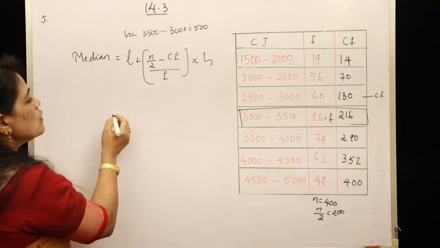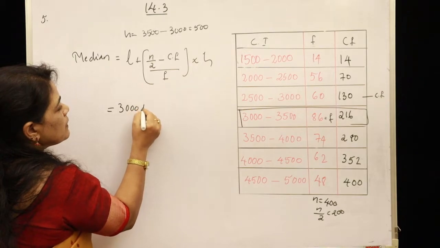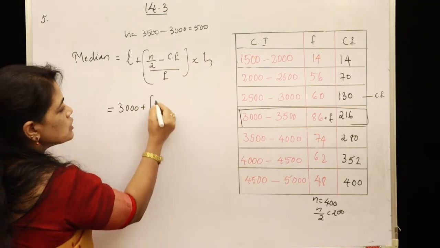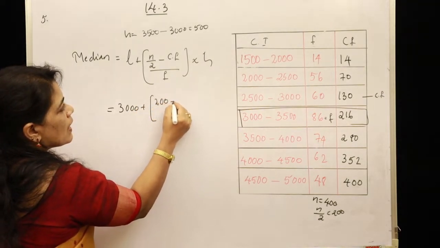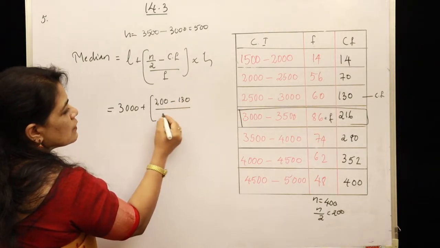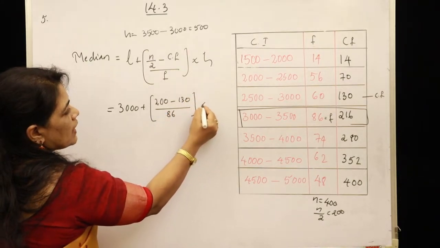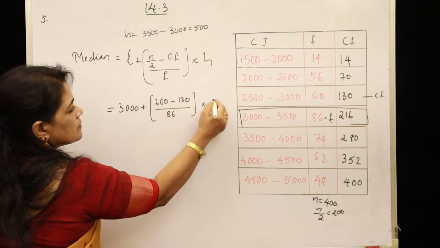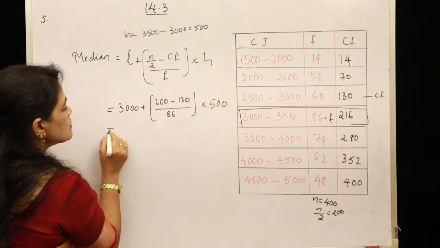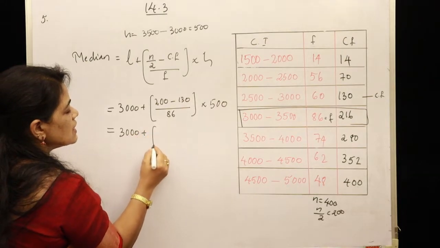So lower limit is 3000 plus, in the bracket, n by 2 which is 200 minus CF 130, divided by the frequency of the median class 86, into h, which is 500. In the bracket we can keep 3000 without any change.